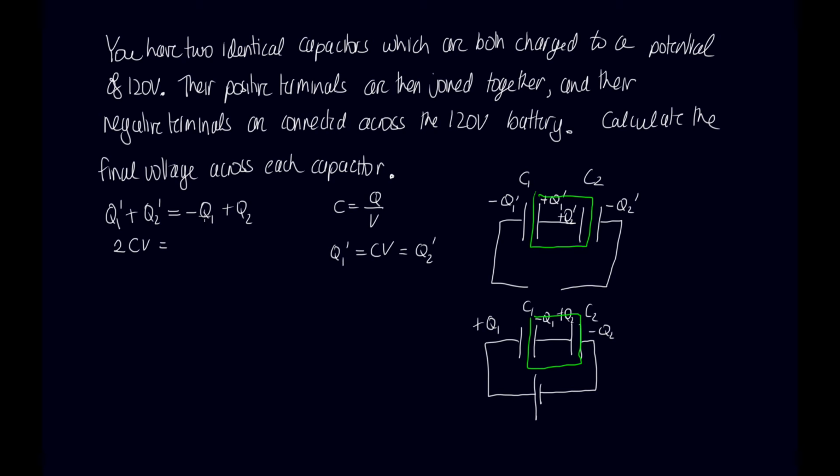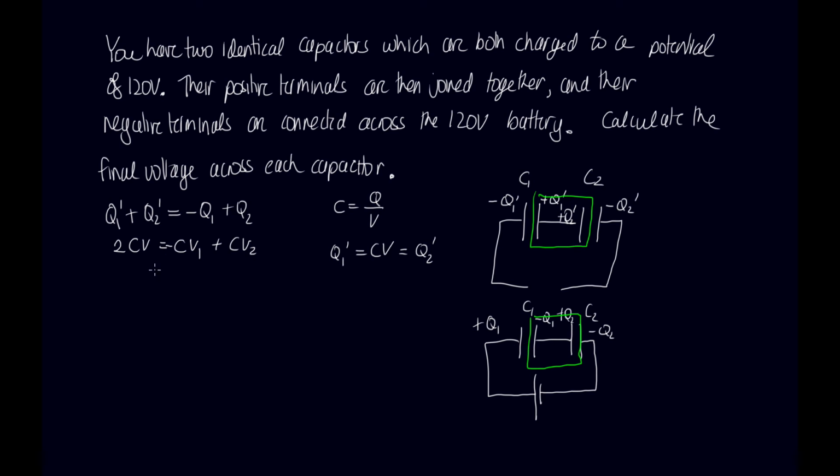So afterwards, Q1 is going to be C1, which is just C times V1, and that's negative, plus Q2, which will be C times V2, where V2 is the voltage drop across this one, and V1 is the voltage drop across this one.